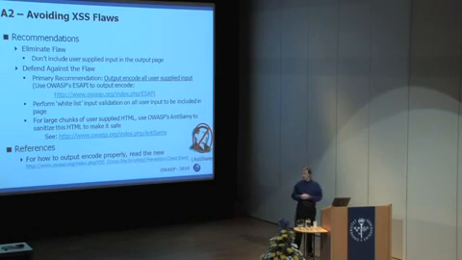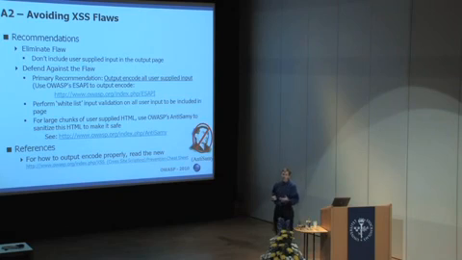Now, we've also done a lot of research on cross-site scripting and found out that it's not as simple as we thought. A lot of people give guidance: HTML encode your output and you'll make yourself safe from cross-site scripting. Well, that's true 95% of the time. Unfortunately, 5% of the time or 10% of the time, it's not true.